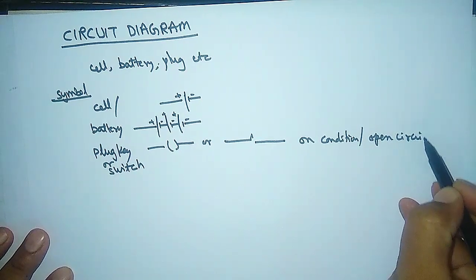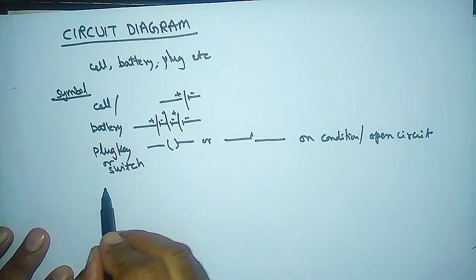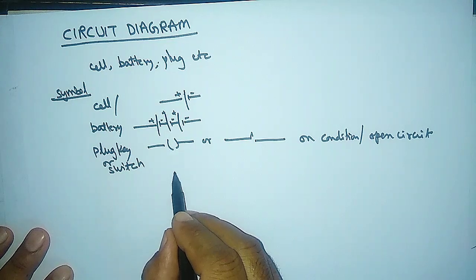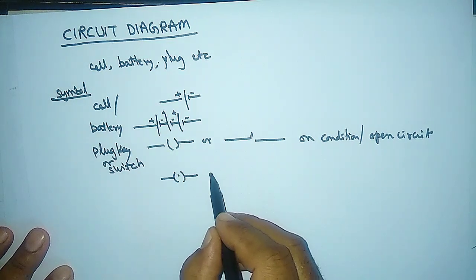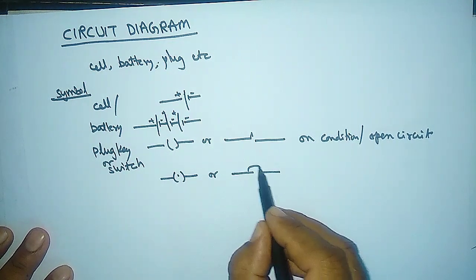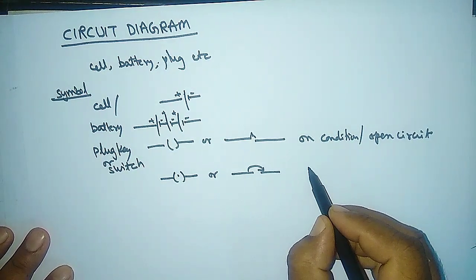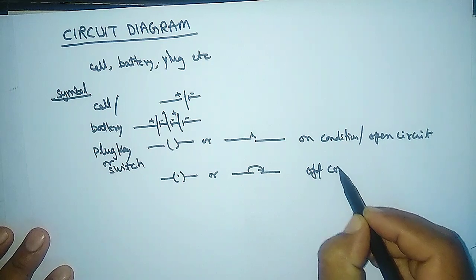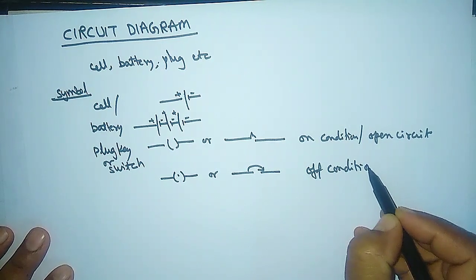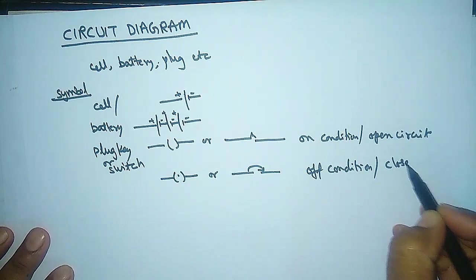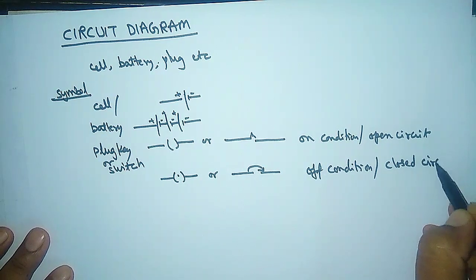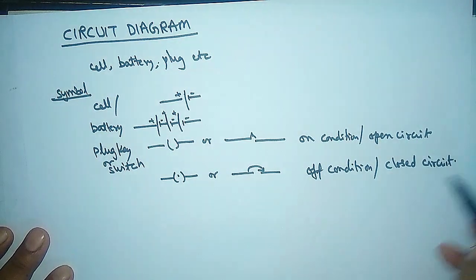It is for open circuit. Now the plug key for the closed circuit is like this or like this. Okay, so this is the off condition or closed circuit, meaning now current can flow in this circuit.